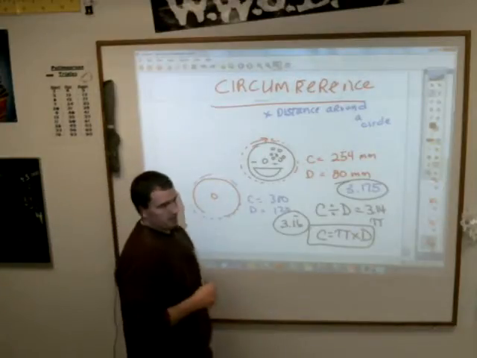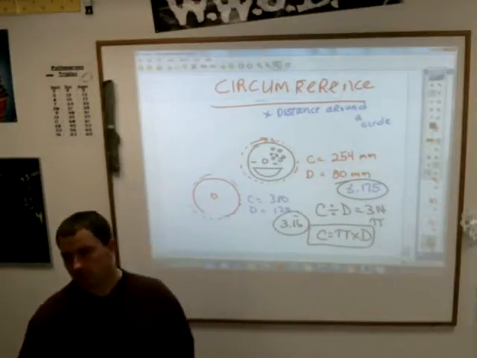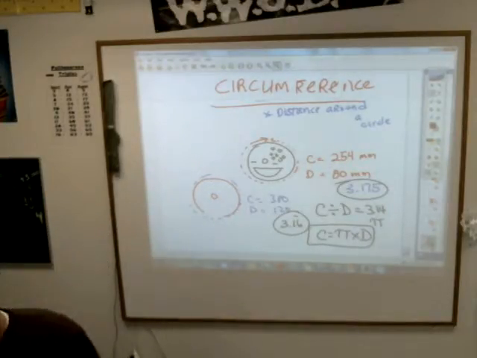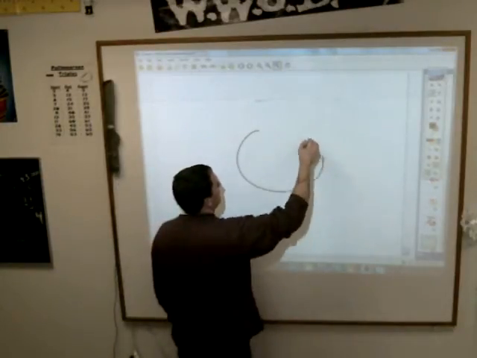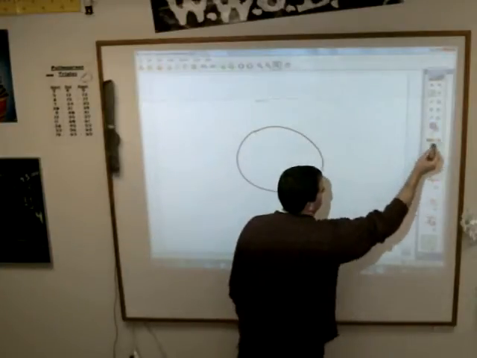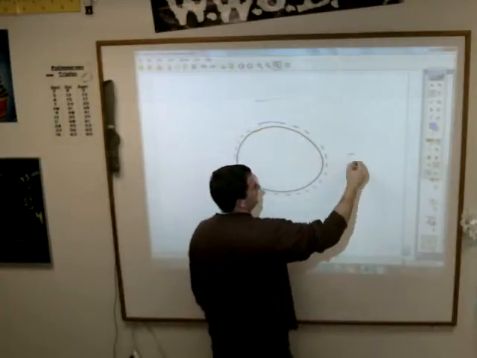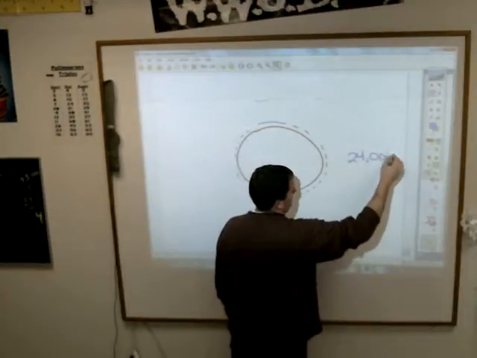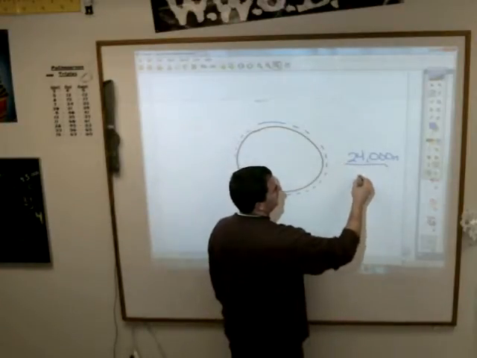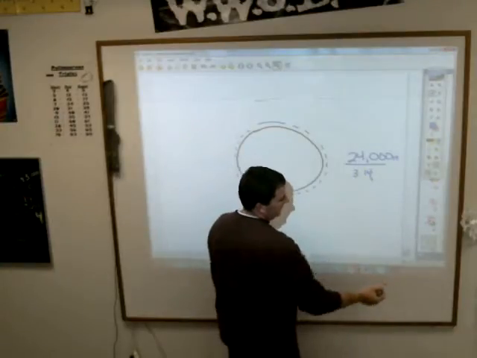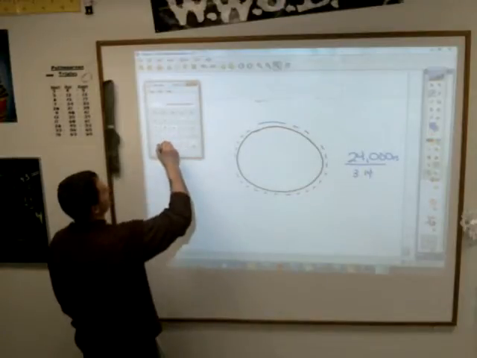And the nice thing about that is, has anybody ever actually measured through the middle of the earth? Could you actually take a tape measure and measure straight through the center of the earth? No, you can't. But since we know the distance around the earth, somewhere around 24,000 miles, I think, if you divide 24,000 by 3.14, which is pi, you will get how far it is through the earth without actually having to take a tape measure.